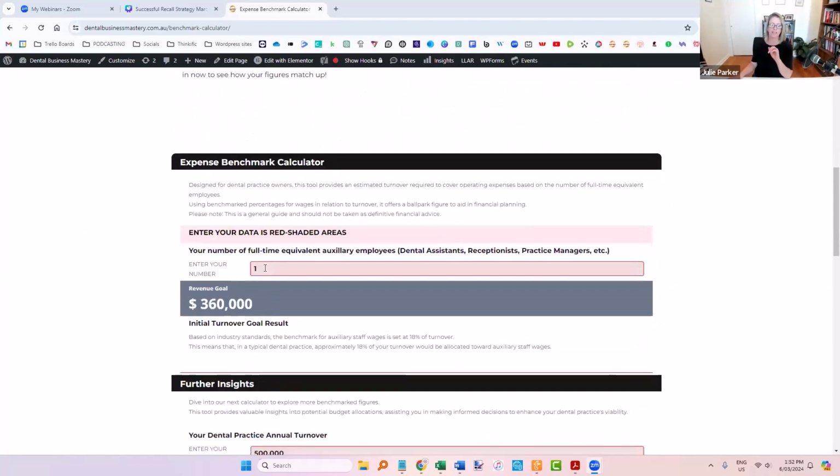The first section of the calculator provides you with a very quick snapshot of your number of staff members. The amount of wages that you're spending in your organisation needs to make sense to the turnover that you've got.